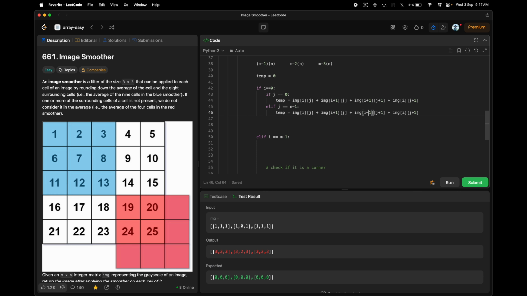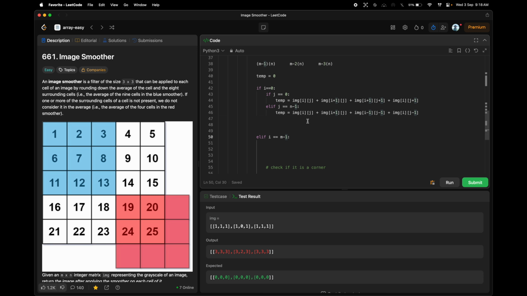This is covered. Then I will remain the same, j minus 1, and then I plus 1 and j will remain the same. That's correct. So these two are handled. So if it is in first row, that's done.